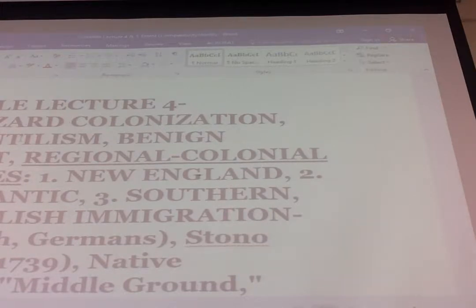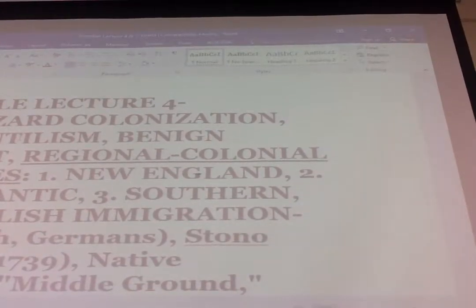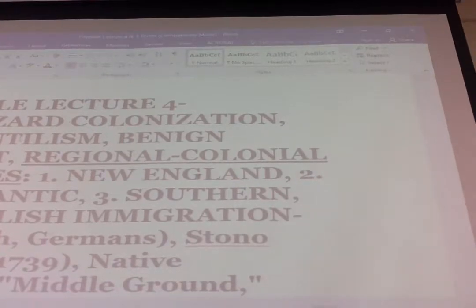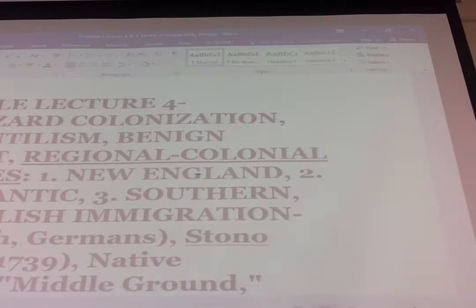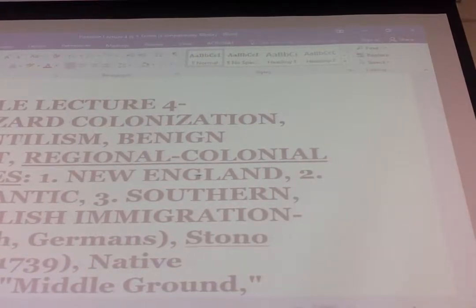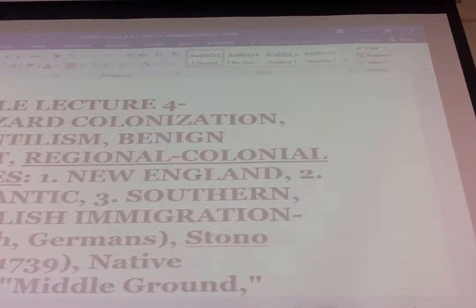Now, benign is also a medical term, right? If you know anything about tumors, for instance, benign and malignant tumors, there's a difference between them, right? A malignant tumor is dangerous, cancerous. A benign one, you can deal with it, right? It's not so bad. So we are happy with the fact that England forgets about us for long periods of time. Why does England forget about us? Well, England has their own issues going on. We talked about the English Civil War.